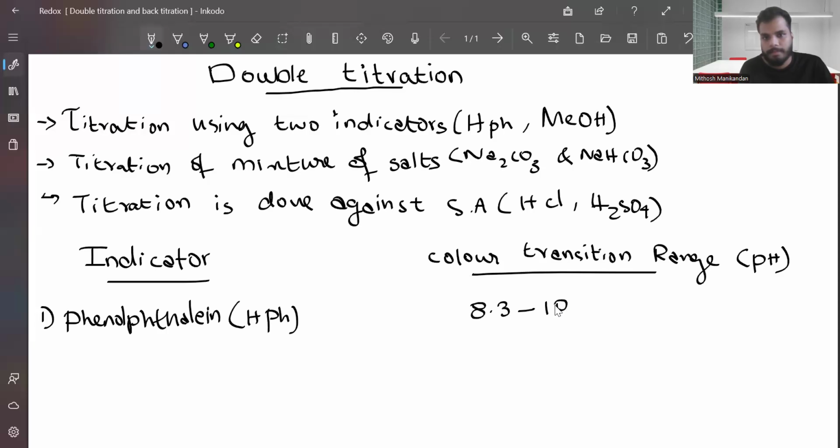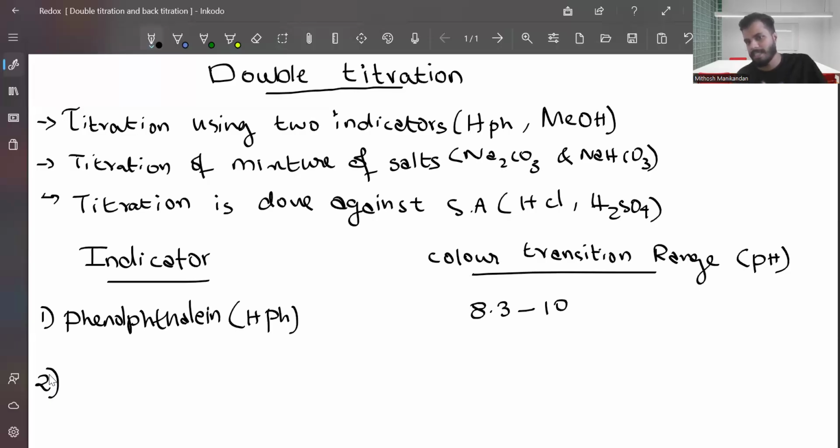So phenolphthalein changes from colorless to basic color in the range of 8.3 to 10. Clear? Even 11th students already use phenolphthalein in acid-base titration, and you already know about phenolphthalein and methyl orange.